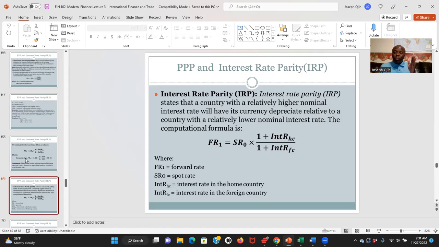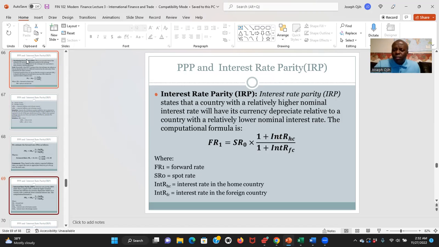But when two countries raise their interest rates, let's say the US raised the interest rate and Britain raised the interest rate, then in that case, interest rate parity might become applicable, because both countries have raised their interest rate at the same time. So now, the country with a relatively higher nominal interest rate will have its currency appreciate relative to the other country with a relatively lower nominal interest rate.